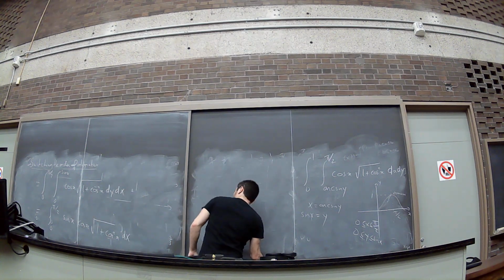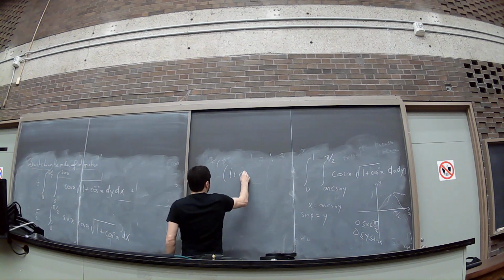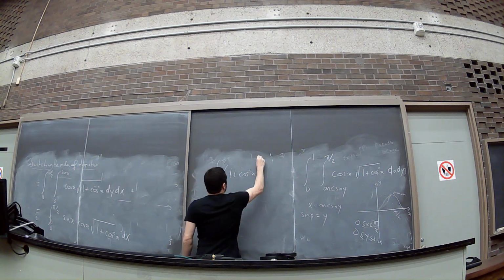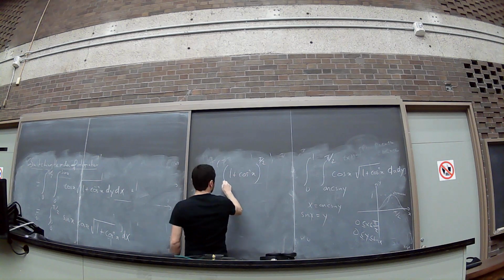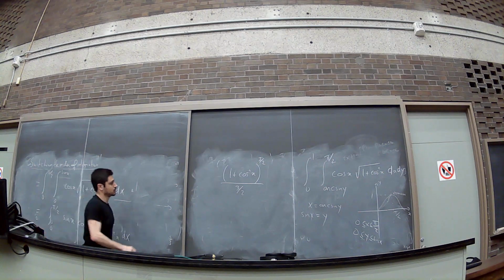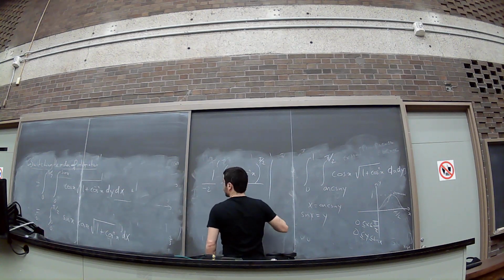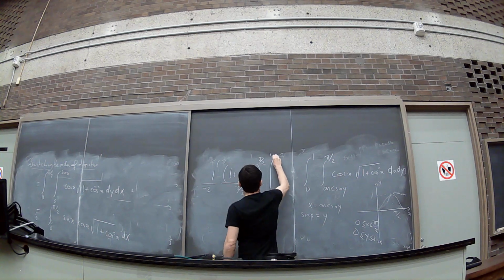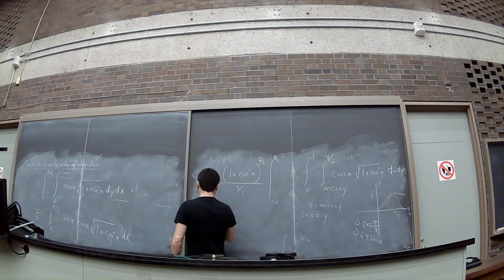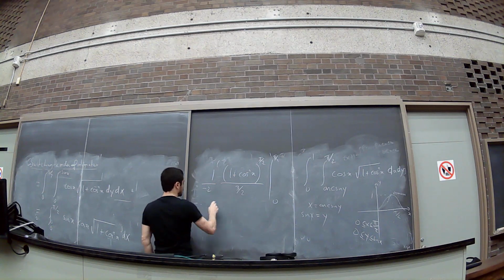So what do I get? 1 plus cos squared x to the 3 halves, over 3 halves, and I have to divide by minus 2, from pi over 2 to 0. What is that equal to? The minus 2 will cancel out, so you have minus 1 over 3.